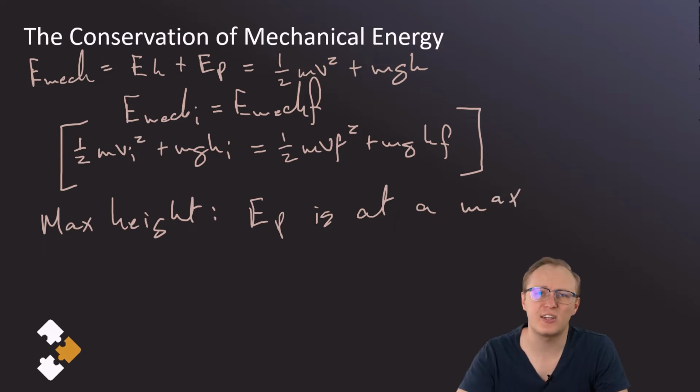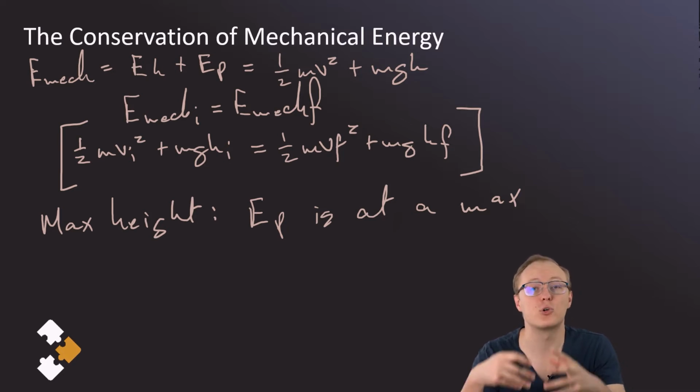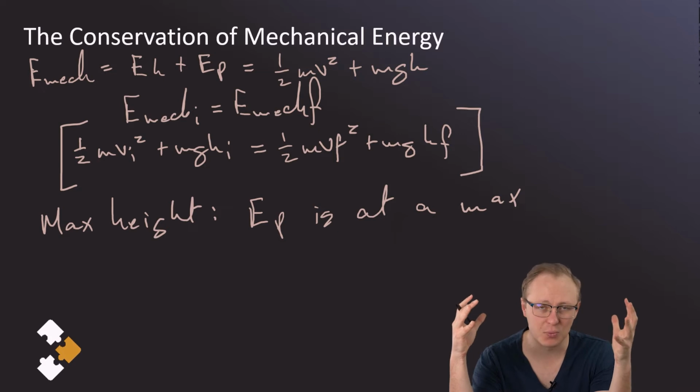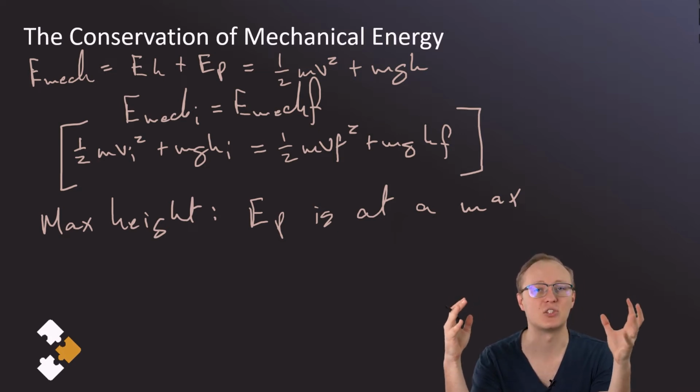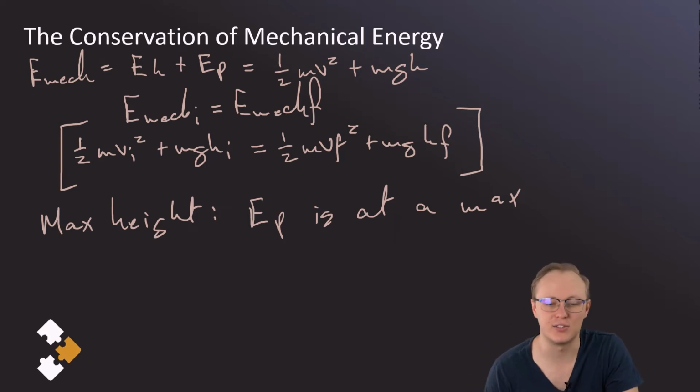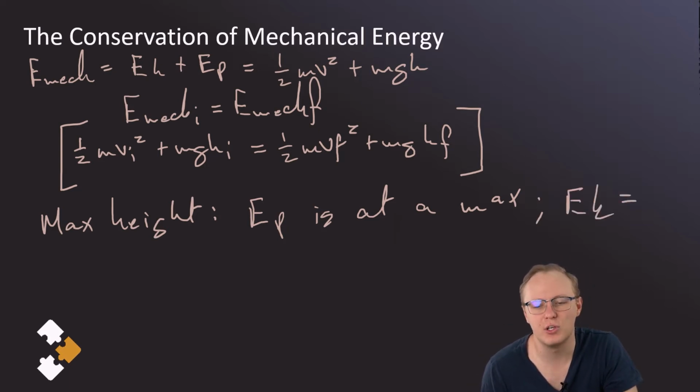But since the mechanical energy is the sum of kinetic energy and gravitational potential energy, in order for gravitational potential energy to be as big as possible, kinetic energy has to be as small as possible. And the smallest that it can be is 0. So in order to find the maximum height, we usually go and put the kinetic energy as being equal to 0 in our equation, right?